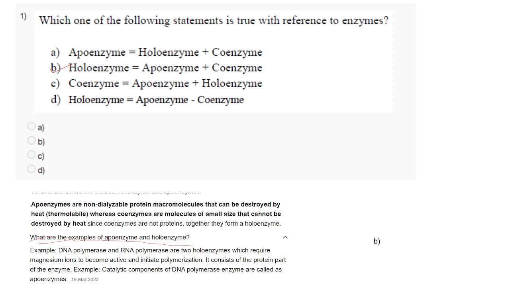The apoenzyme is the protein part of the enzyme, for example the catalytic component of DNA polymerase. So overall, holoenzyme equals apoenzyme plus coenzyme is the correct answer.